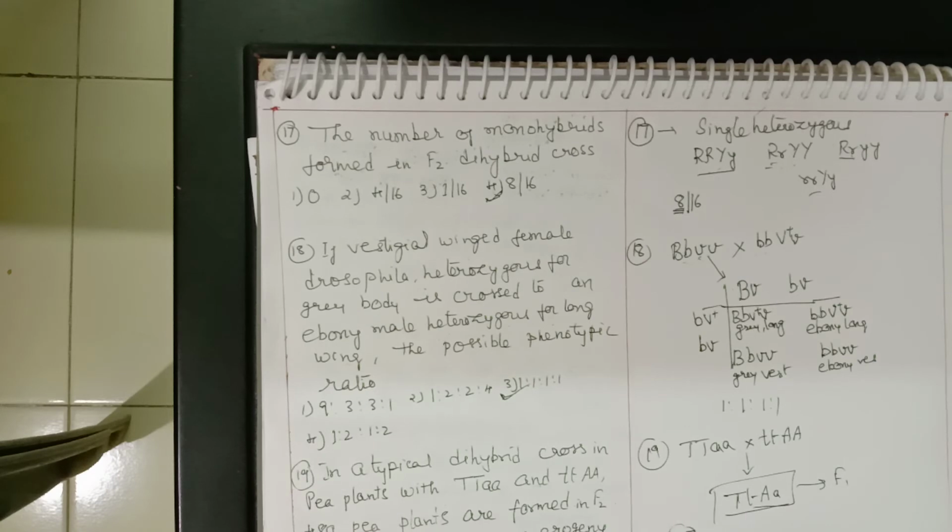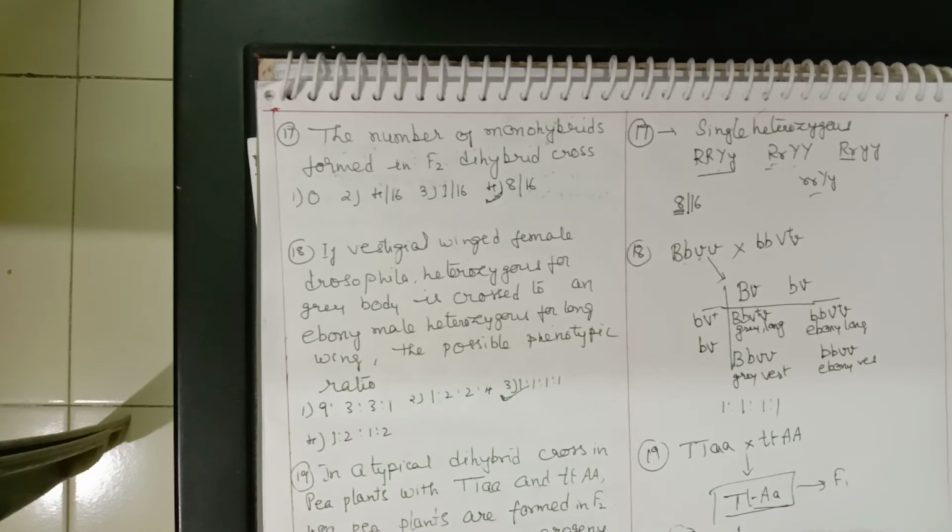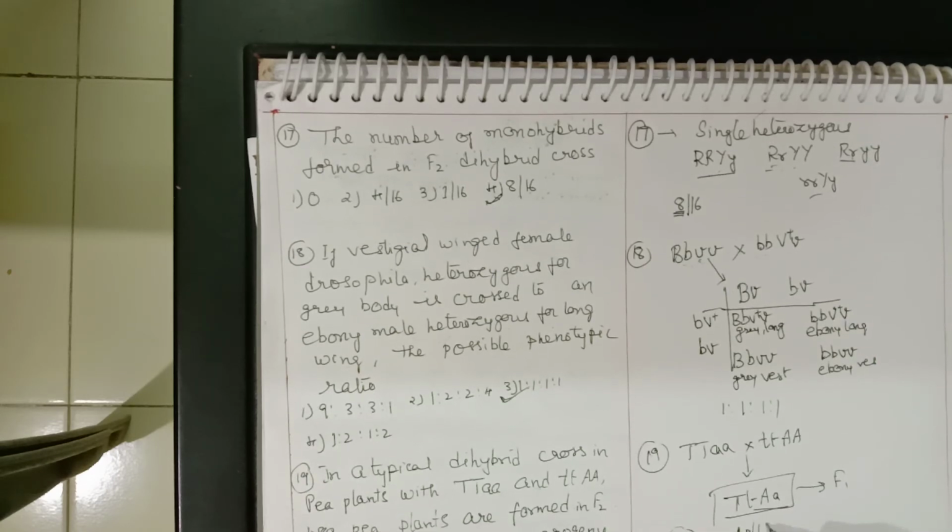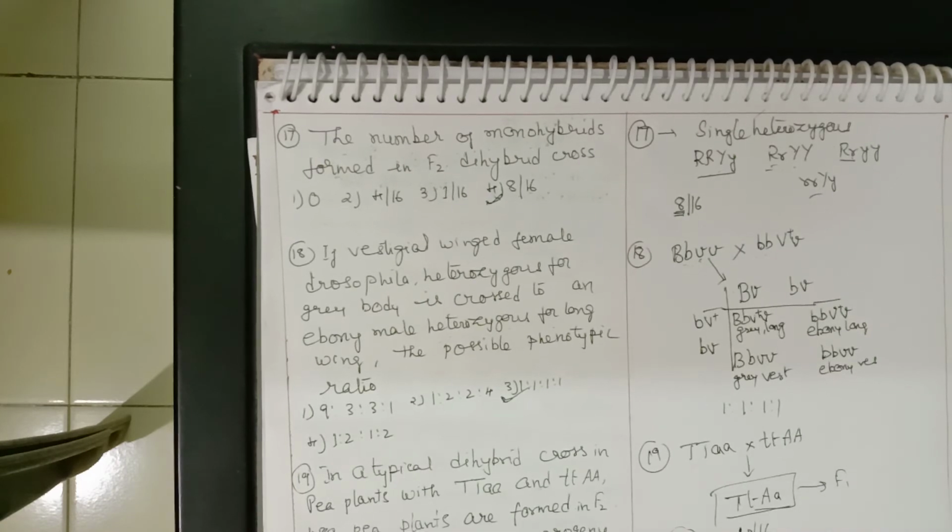When you check this, you are going to get a total of 4 out of 16. That means 1/4 you are going to get. What is the number here? 480. So you have to take 1/4 of 480. 480 by 4, you are going to get 120.